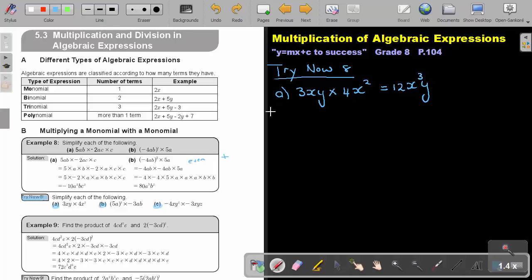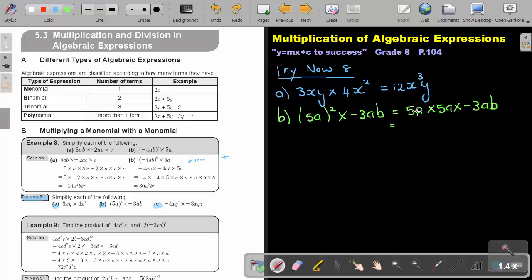Okay, let's look at the next one. Number b. So this one will be 5a squared multiply negative 3ab. So this is actually saying 5a times 5a, multiply 2 times with each other. So multiply negative 3ab.